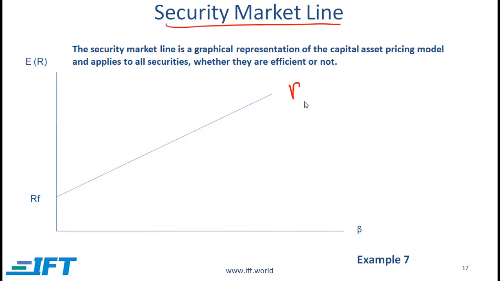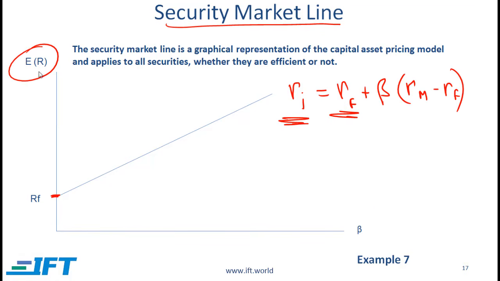If you recall, the CAPM equation is as follows. Return on a given asset is equal to the risk-free rate plus the systematic risk, which is beta, times return on market minus risk-free rate. The intercept term is the risk-free rate, which is right here. The return is the y-axis.